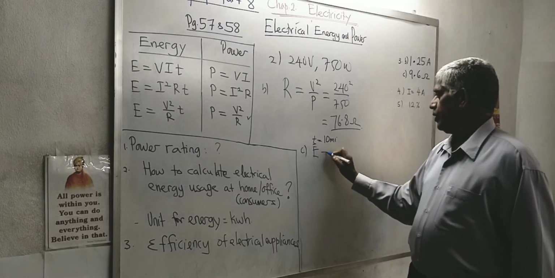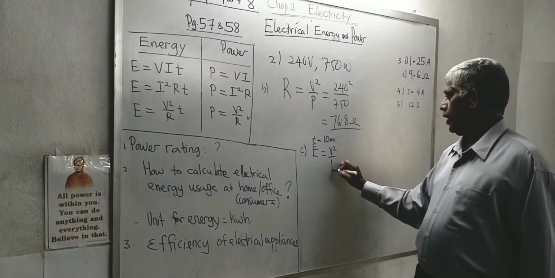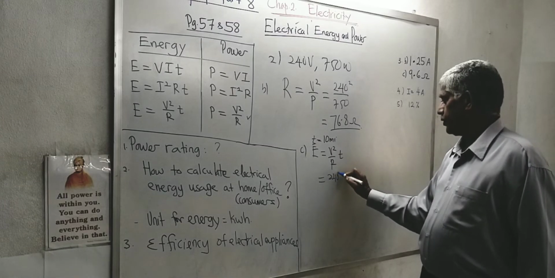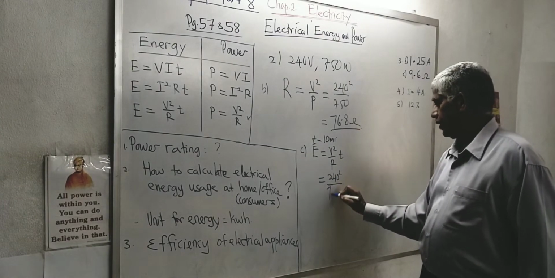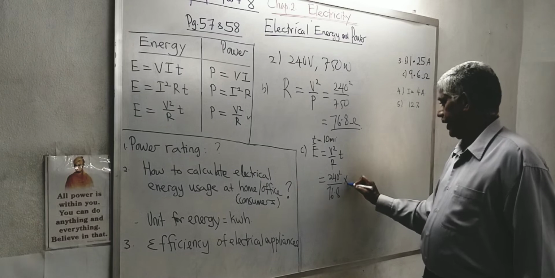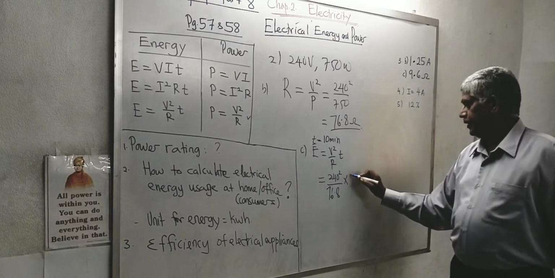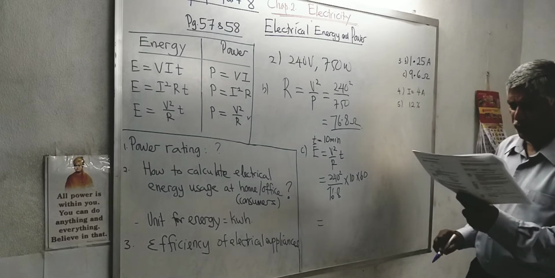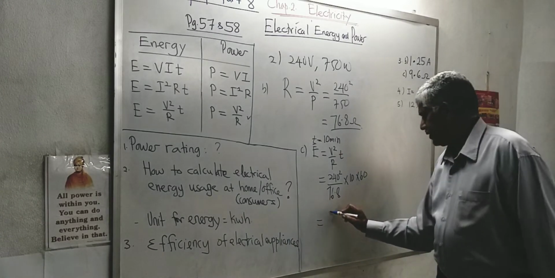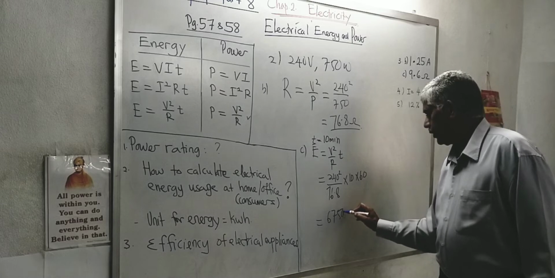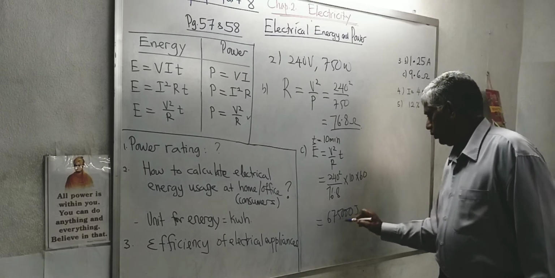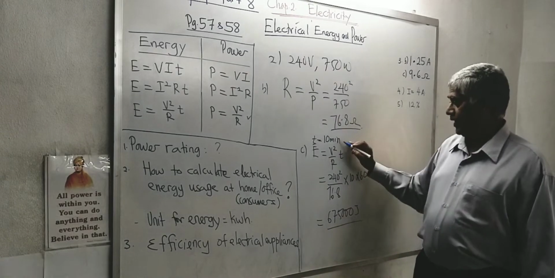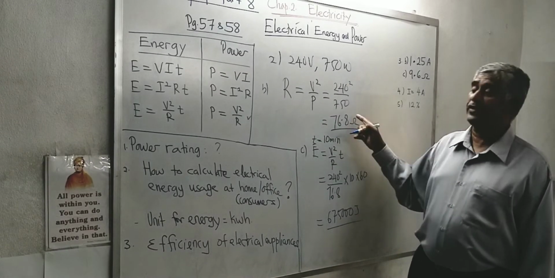So you can use V squared over R times T, which means 240 squared over R, which you just found, 76.8, times T, 10 times 60. If you work it out, you should get 675,000 joule. This is one way of doing it.